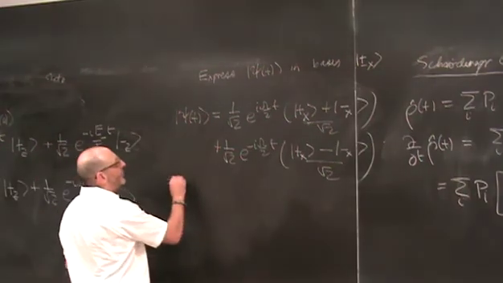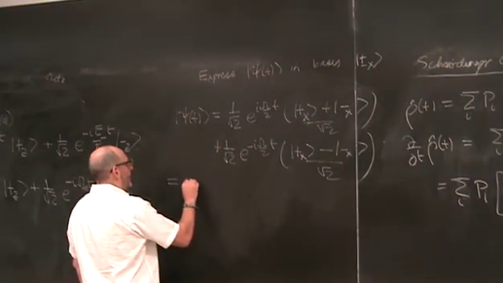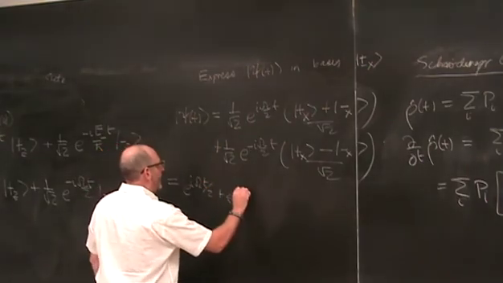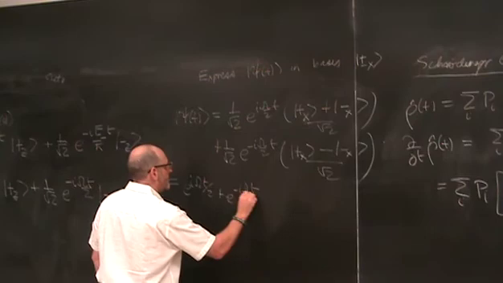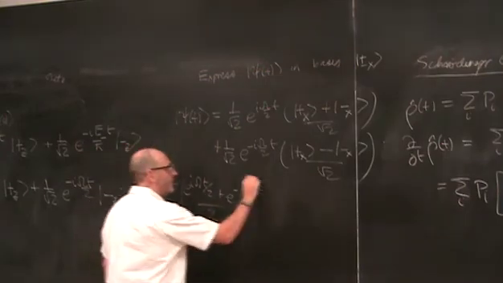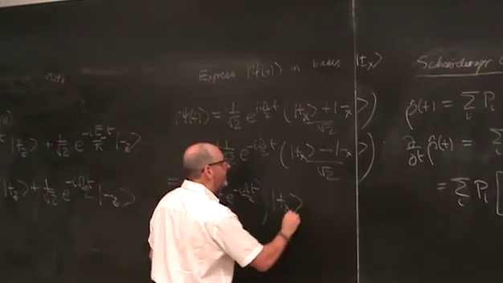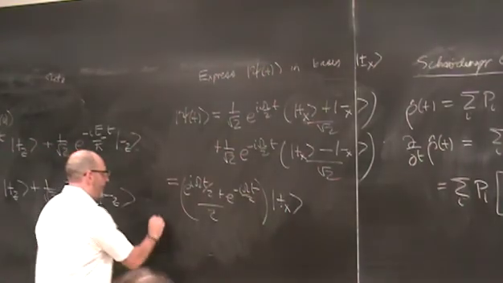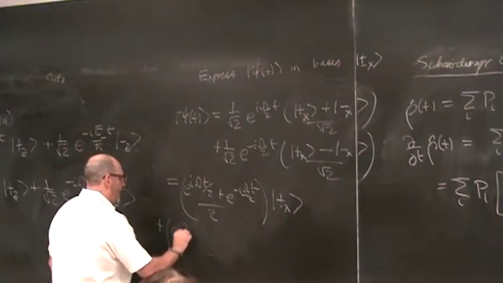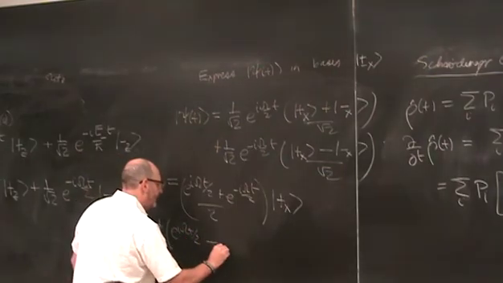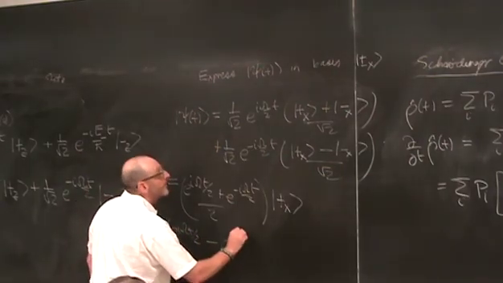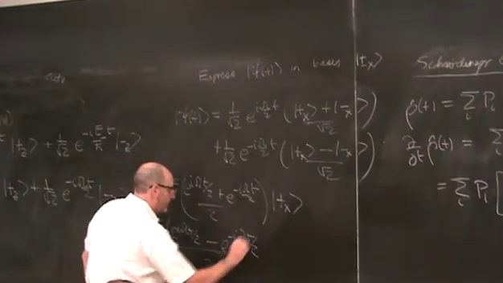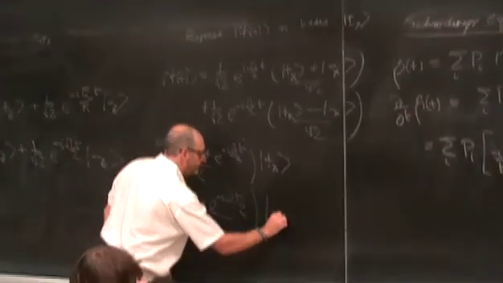So this then is equal to e to the i omega t over 2 plus e to the minus i omega t over 2, over 2, spin up along x, plus e to the i omega t over 2 minus e to the minus i omega t over 2, over 2, down along x.